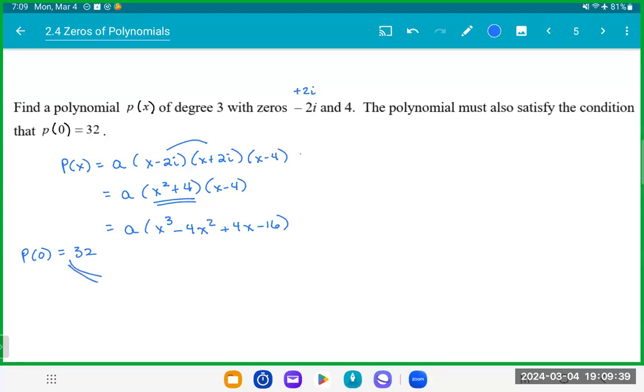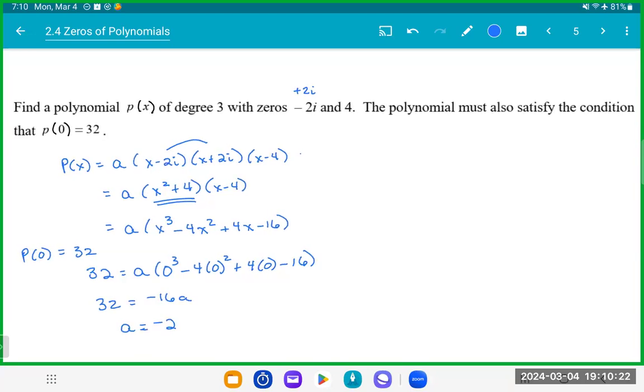Therefore, we can plug that into our equation and get 32 is equal to a times 0 cubed minus 4 times 0 squared plus 4 times 0 minus 16. So 32 is equal to negative 16a, and a is equal to negative 2.